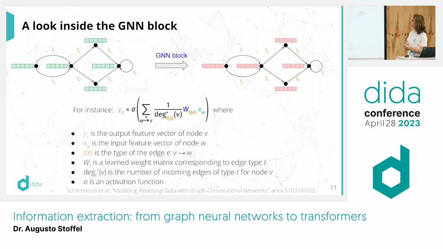Now looking in more detail inside this GNN block. This is my most technical slide, so if you can't follow this one too much, I'll be back in 2 minutes. What does the GNN block do?